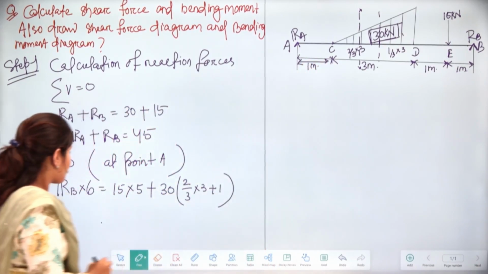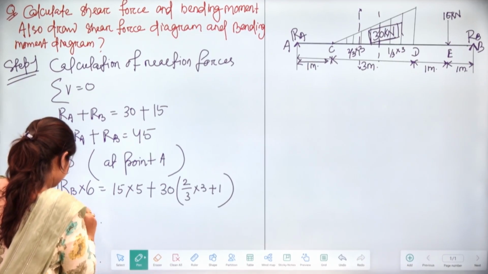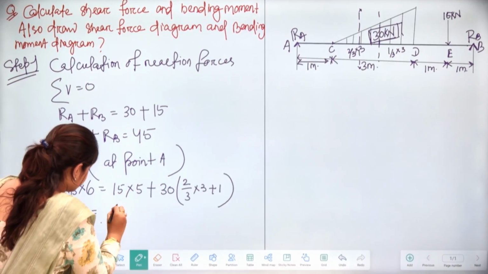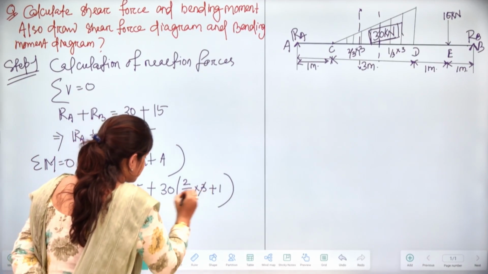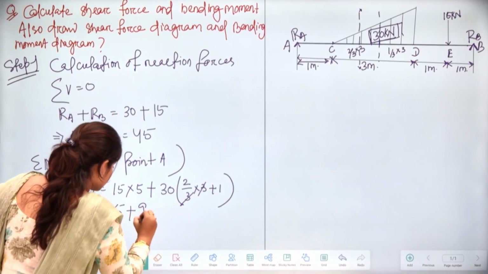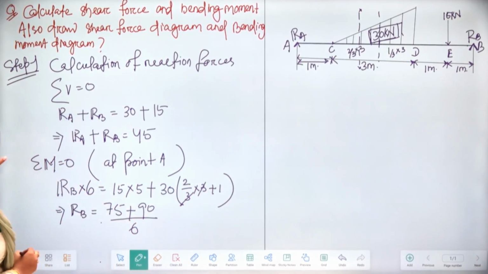So now RB will be 75 plus 40 into 3, that is 90, divided by 6.